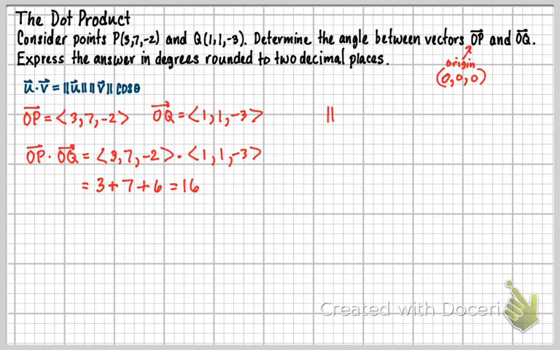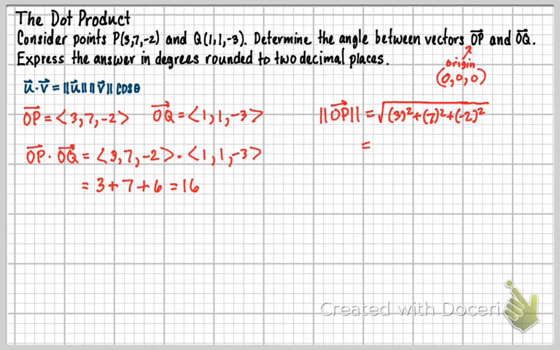The magnitude of U is just the square root of 3 squared plus 7 squared plus -2 squared. I shouldn't say U here; I should actually write the vector in there. That's vector OP.